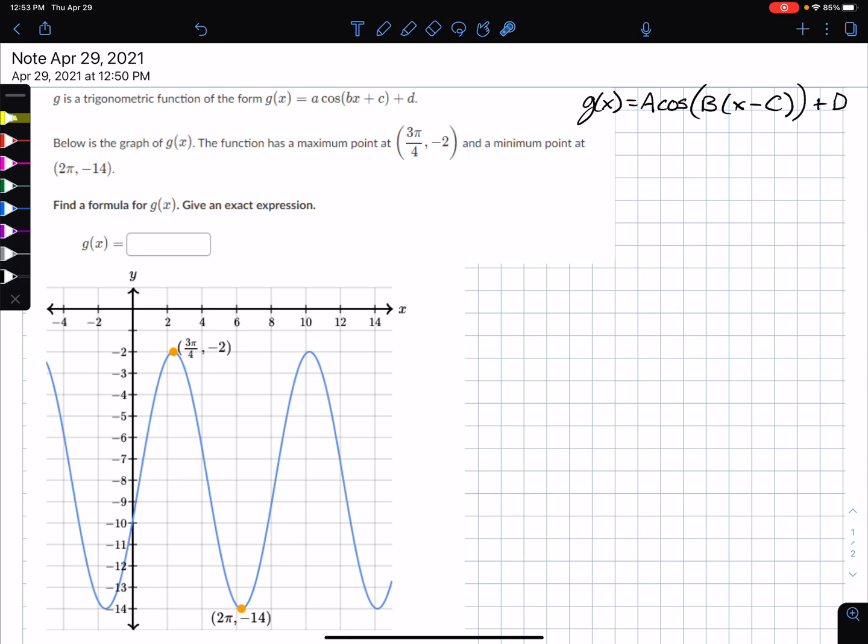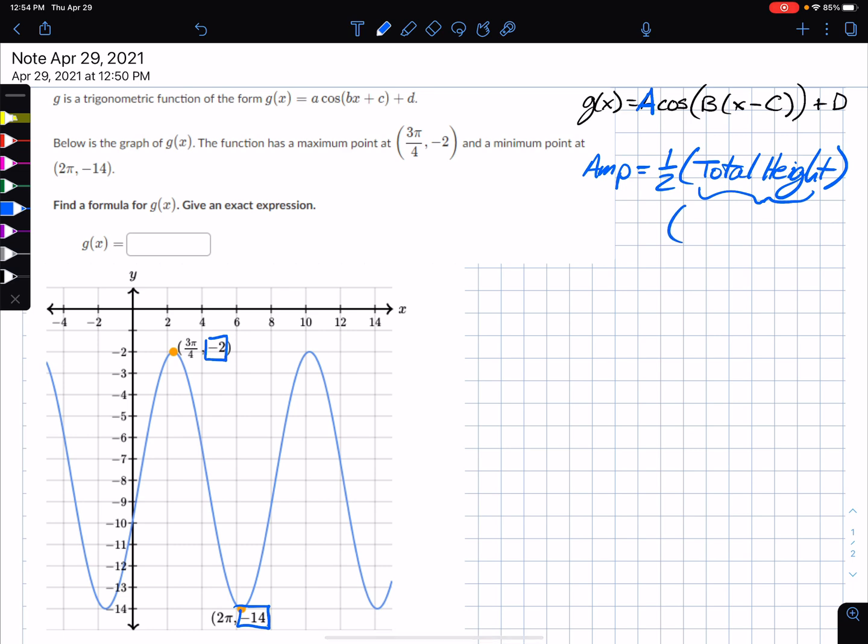So let's start with the easy parts here. We can calculate amplitude, which is our coefficient on the whole thing, by taking half of the total height. The total height is something we can find by looking at the maximum and the minimum, the y values.